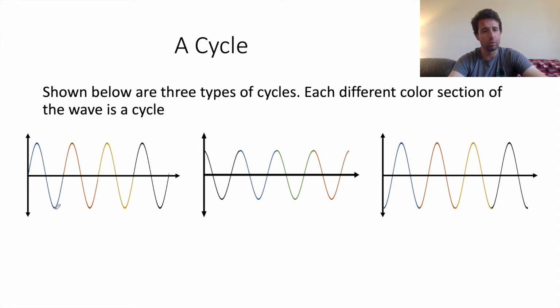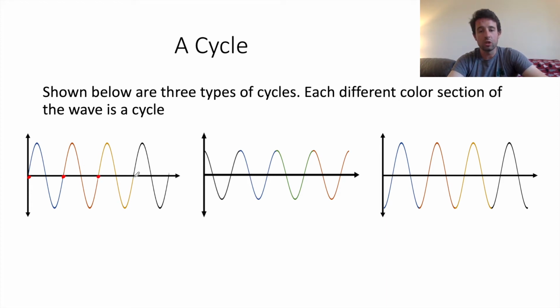You'll notice there's a blue part, and then a dark brown part, and then maybe a yellow part and a black part. Here, each cycle is going to start and end at 0. So it's going to start at 0, have a crest, have a trough, and then arrive back at 0. Once it's reached that 0 mark for the second time, it's going to start a new cycle in brown and then a new cycle in yellow.